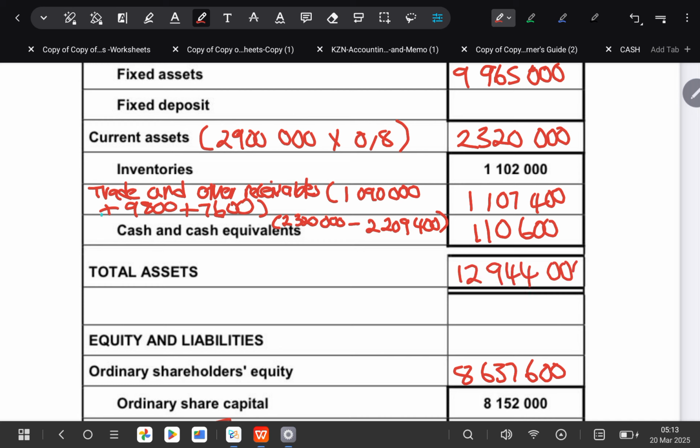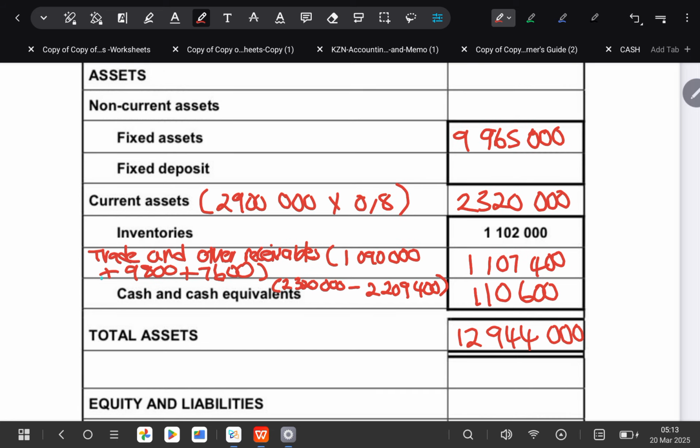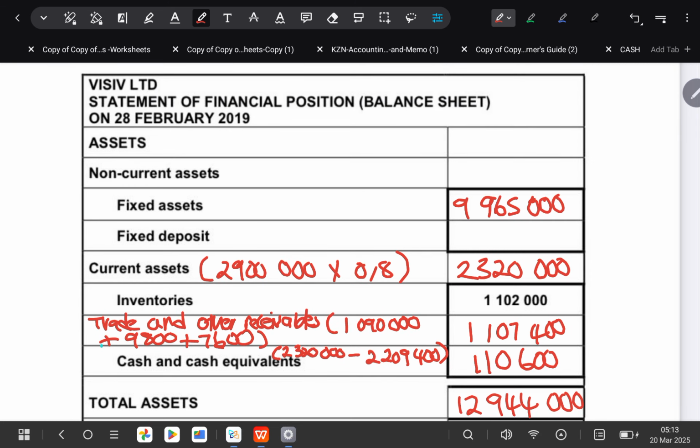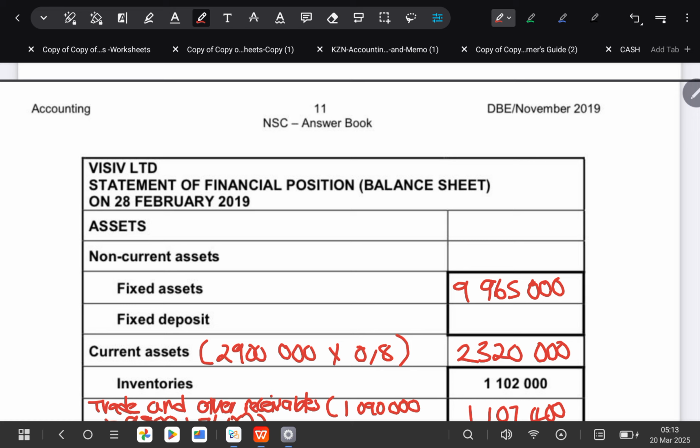So you'll have your 12,944,000 here. Okay, now if I take my 12,944,000 and I minus my 2,320,000, it will give me the total of my non-current assets, which is 10,624,000, right?